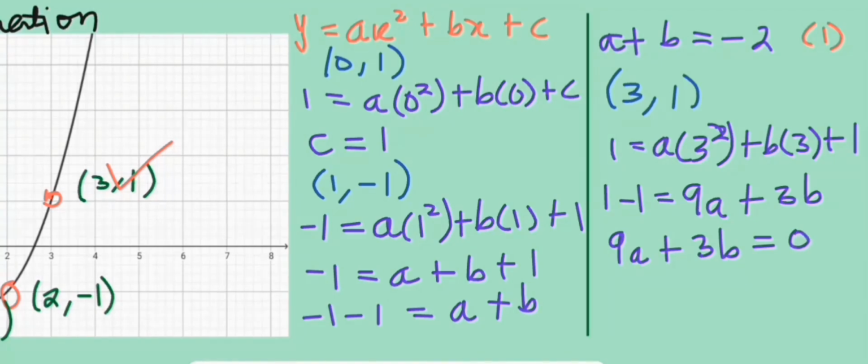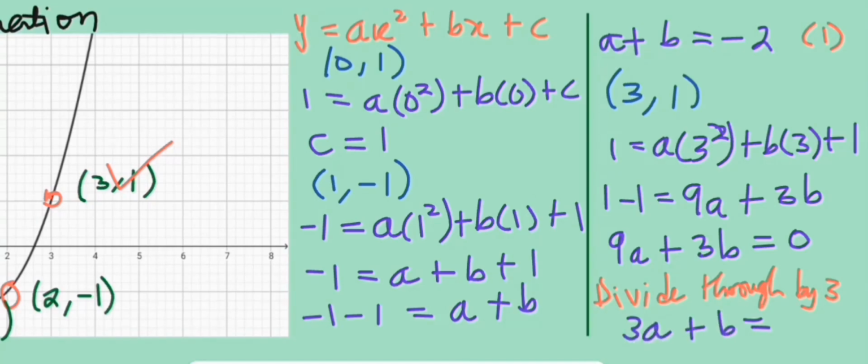We divide through by 3. And dividing through by 3 is going to give us 3a plus b equals 0 as equation 2.